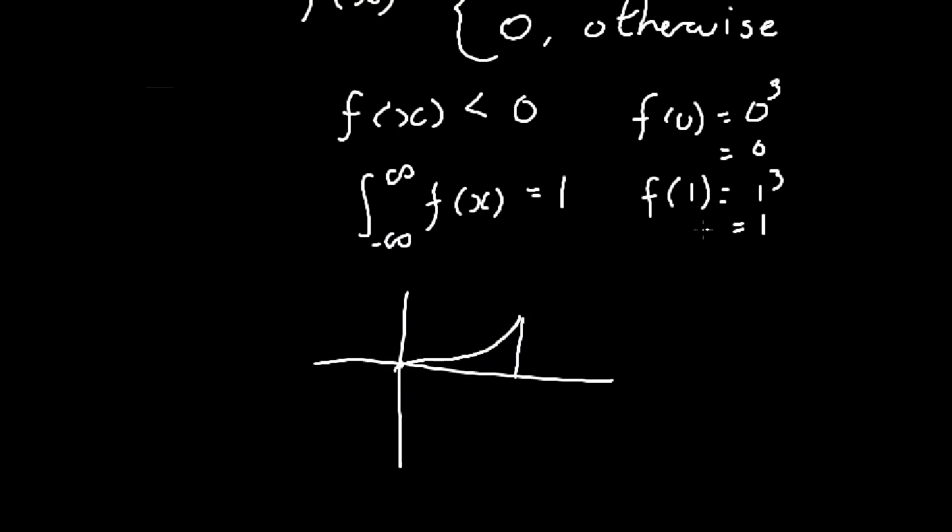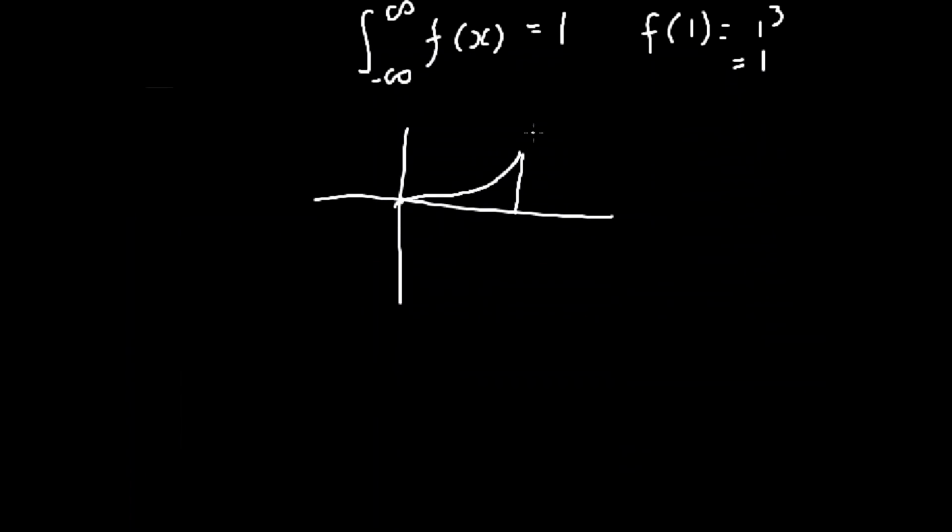Okay, so in this case, we're just trying to check, does the area under the curve equal 1? And so when we find the integral from minus infinity to positive infinity, basically all of the areas other than from 0 to 1 will be equal to 0.